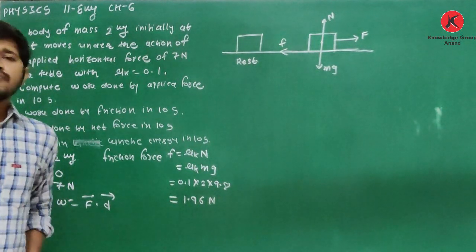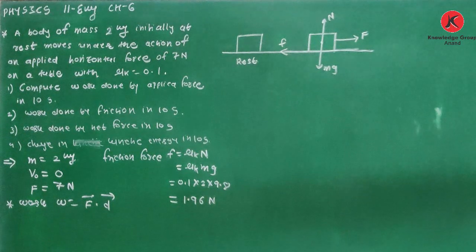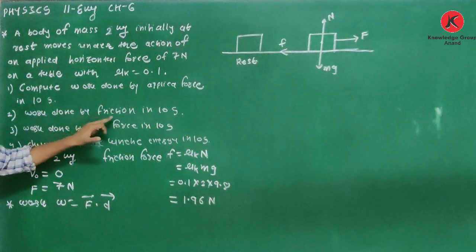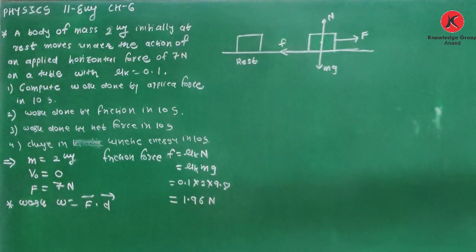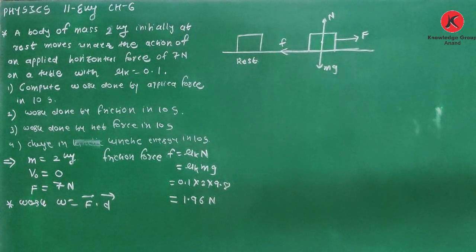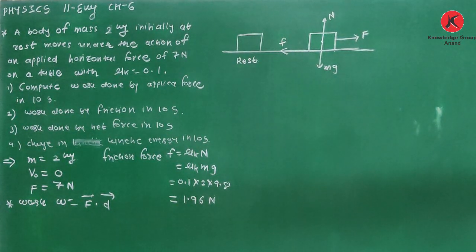So first of all, we have to find the displacement in 10 seconds, because in each question you have to find the work done by applied force, friction force, and net force in 10 seconds.